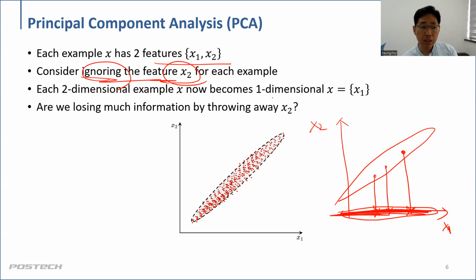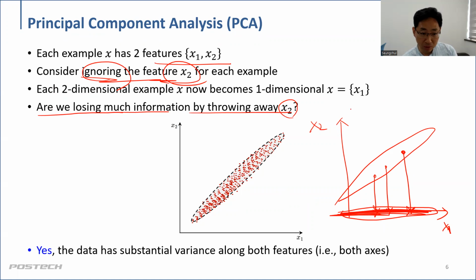Then I ask the same question: are you going to lose much information by throwing away x of 2? The answer is yes, because you're going to lose a lot. In other words, the data has substantial variance along both features.